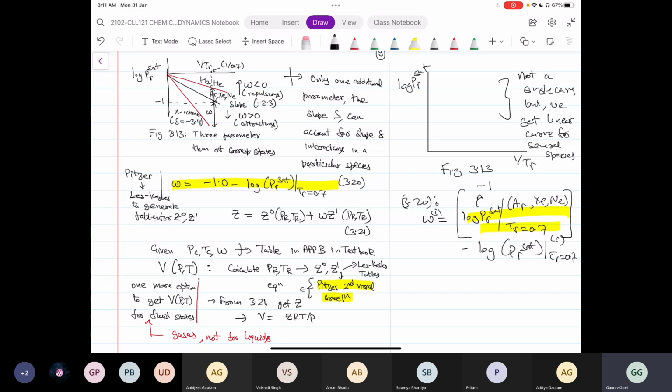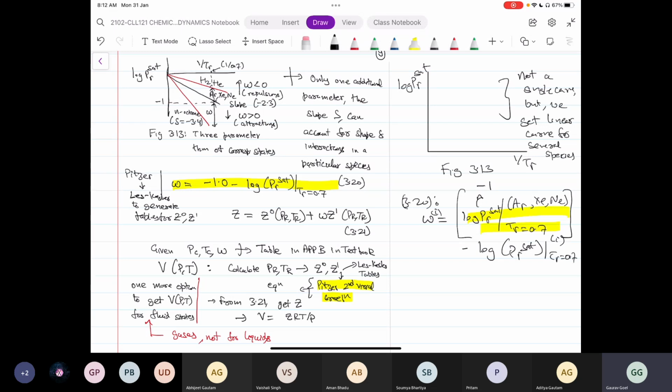Okay. So omega is the difference in the y-axis value for your target species versus the noble gases at the value of Tr equal to 0.7. So omega is not -1. Omega would be 0 for noble gases, and whatever value it has for any given species, we can then determine from some experimental data or some other correlation.